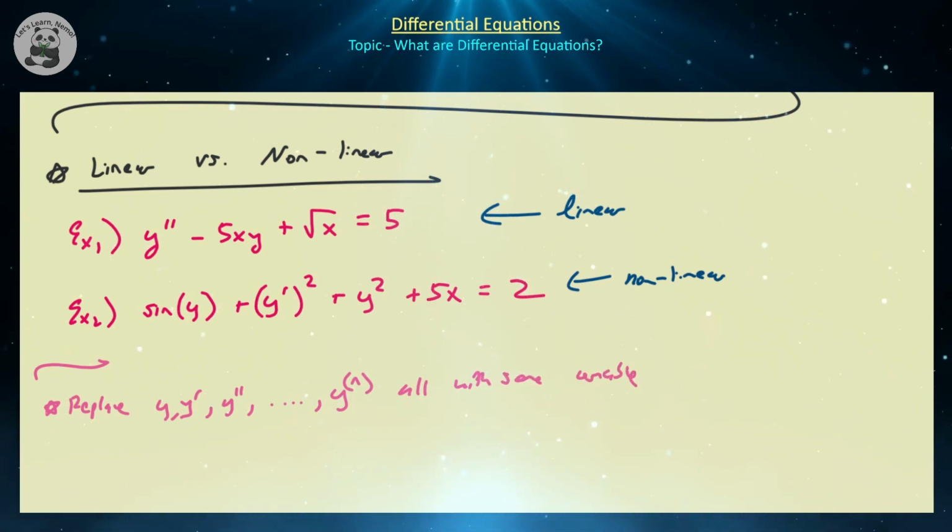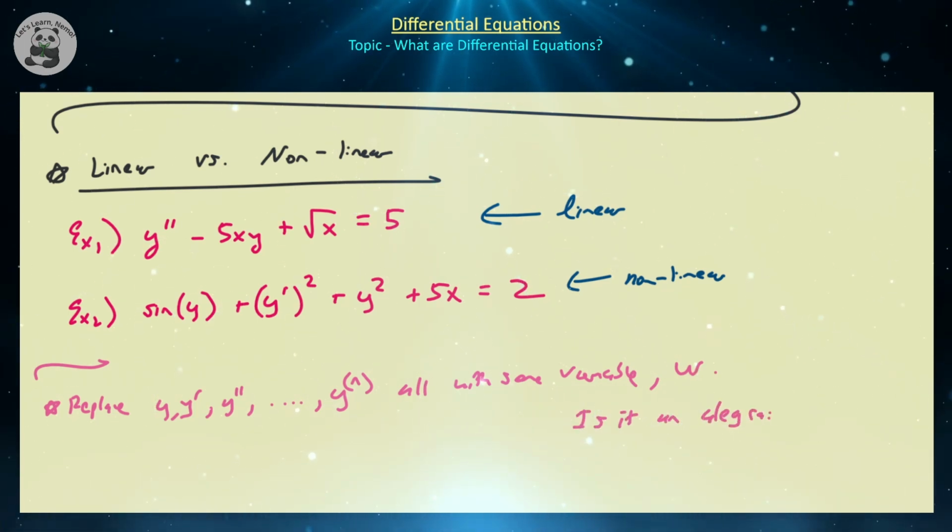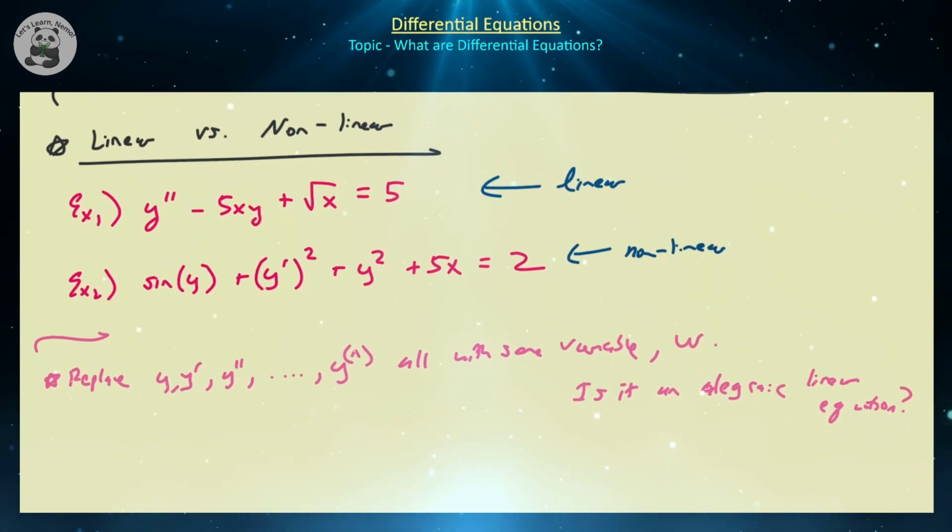It doesn't really matter which variable you choose. You can call it whatever you want. Let's call it w, just for fun. And ask the question, is it an algebraic linear equation that you can solve with just basic algebra? So that's the question we would have.